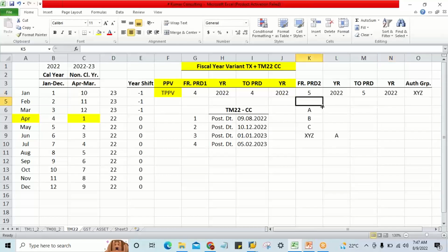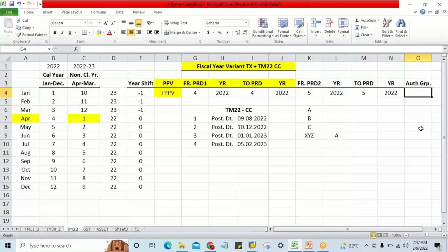The fourth period is restricted for this authorization group only, and the fifth period is for every user.